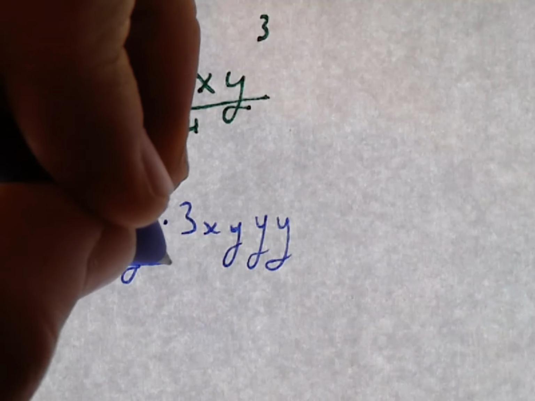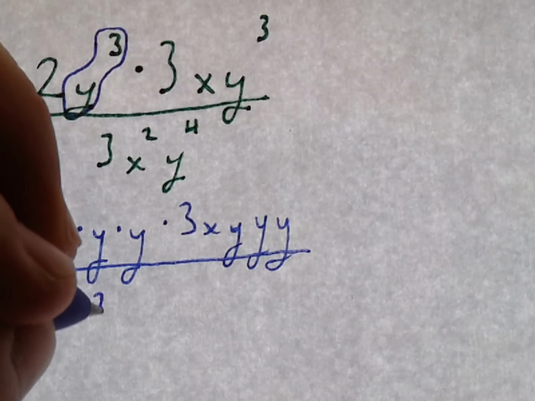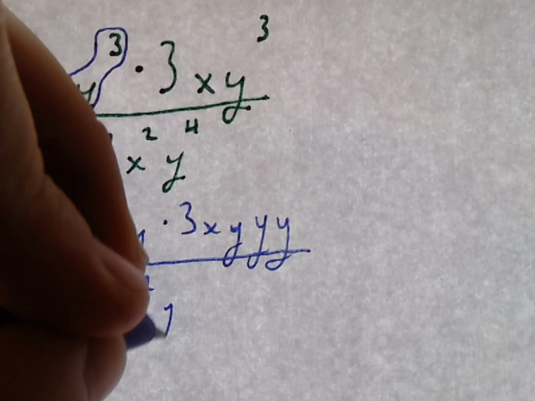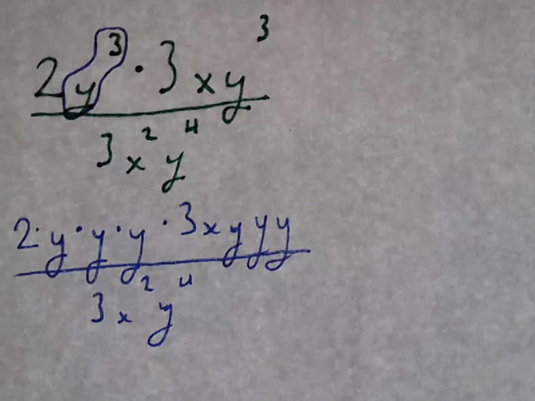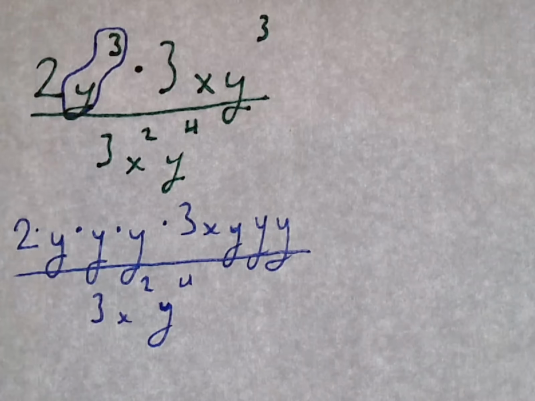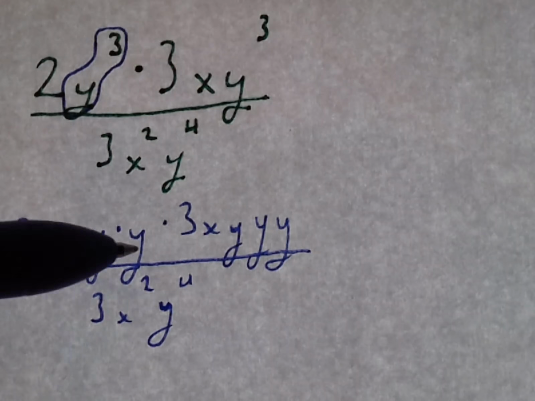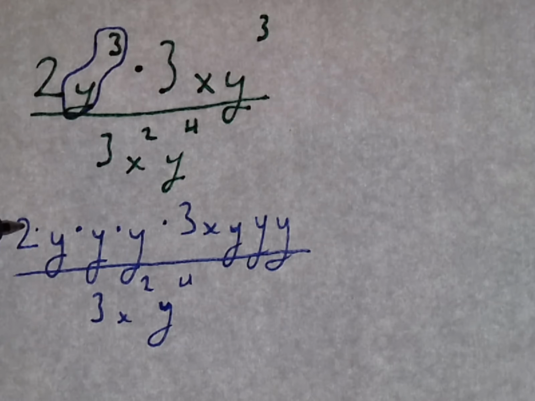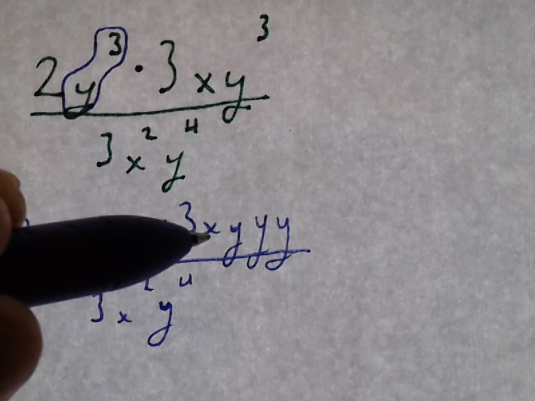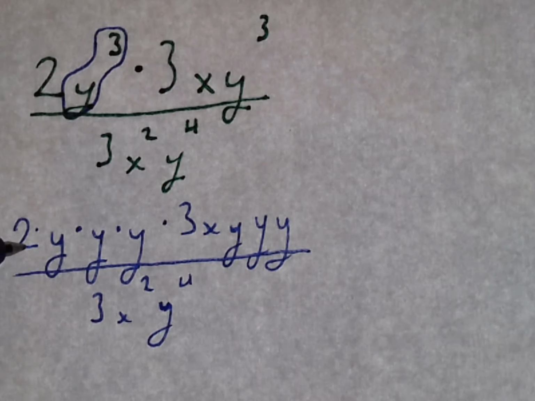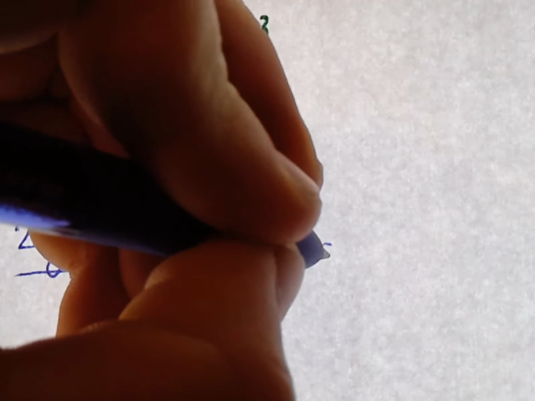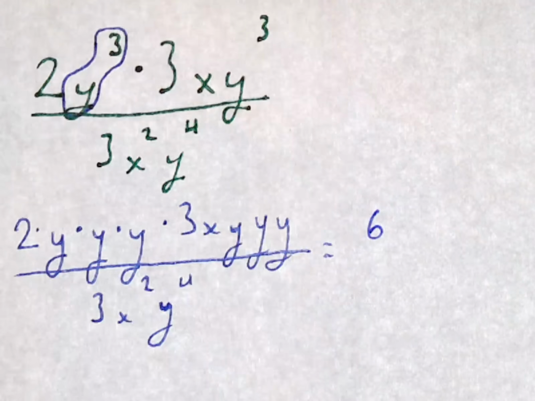Now I will rewrite the denominator, 3x squared y to the fourth, and I'm now going to condense. So I expanded it, now I'm going to bring this together and we'll see how that adding thing works. Here I've got 1, 2, 3, 4, 5, 6 y's, and I multiplied 2 and 3, so this becomes 6.